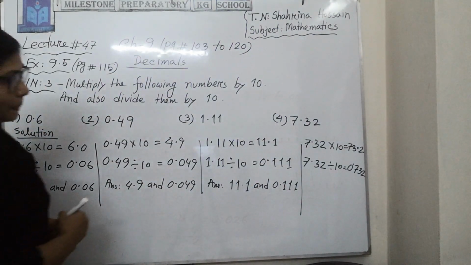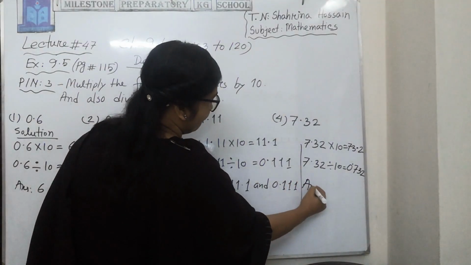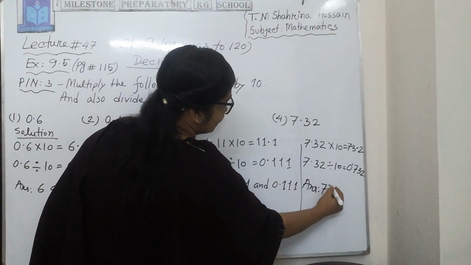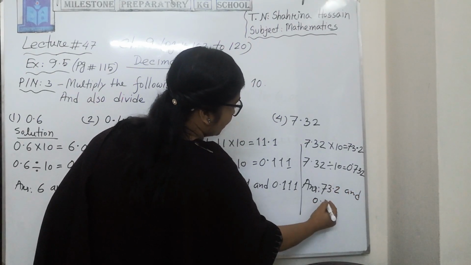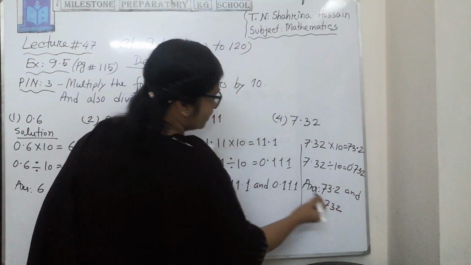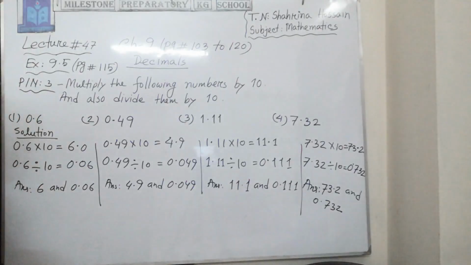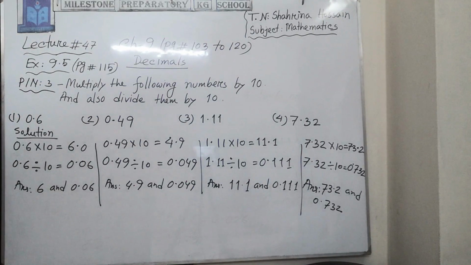Okay, 73.2 and 0.732. This is the answer. By this way we can easily find the multiply and divide answer by 10 of any decimal fraction.